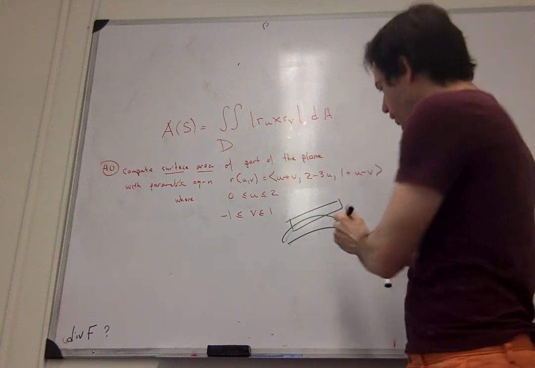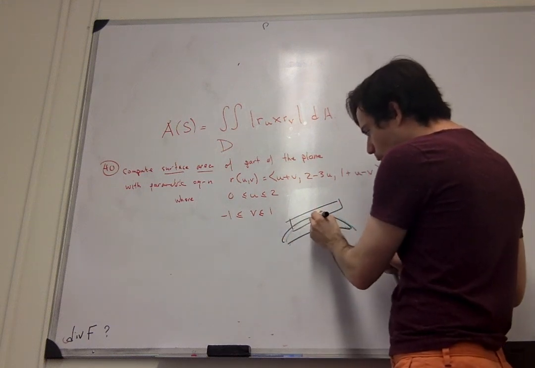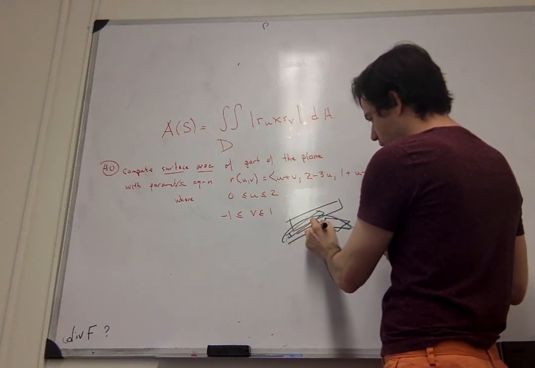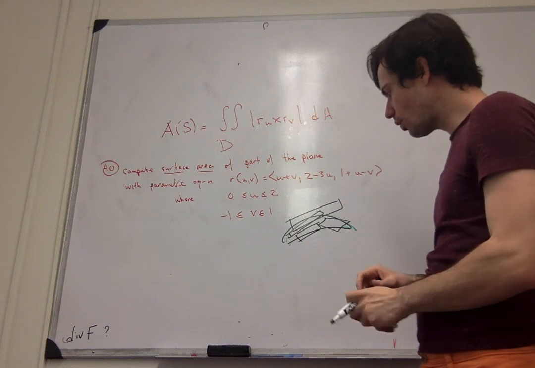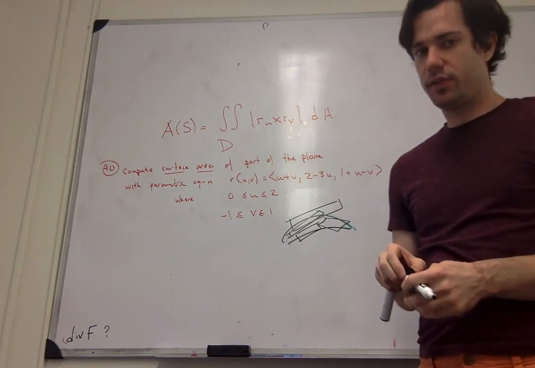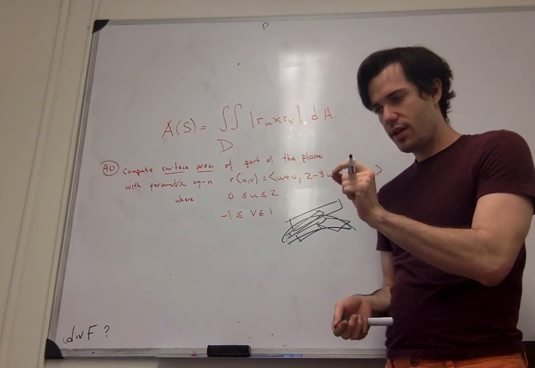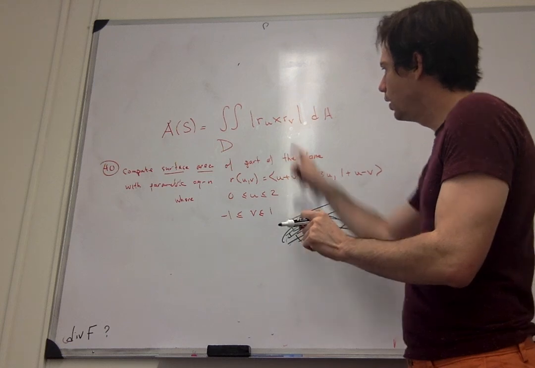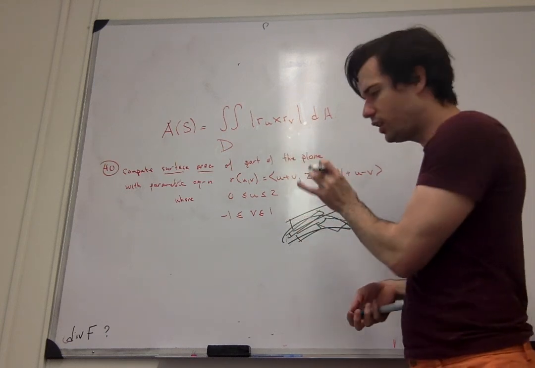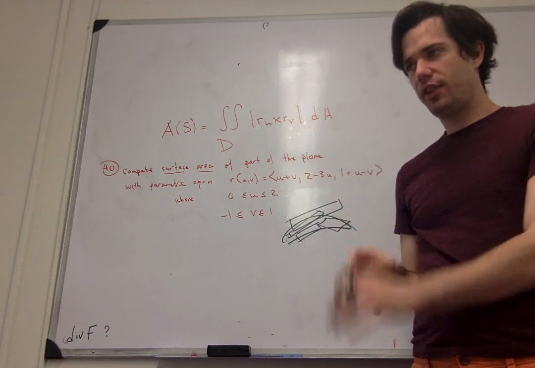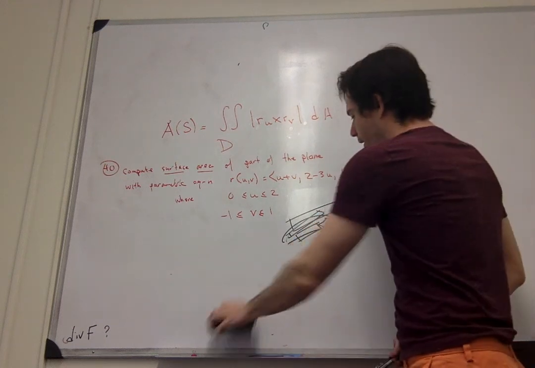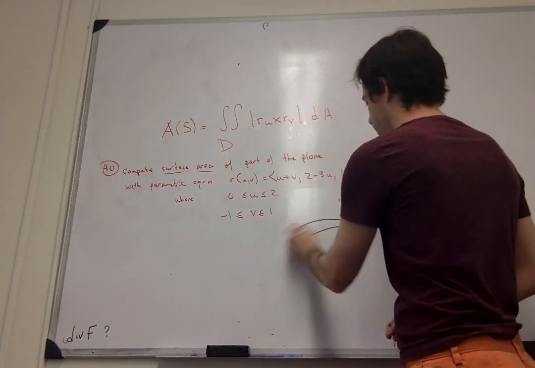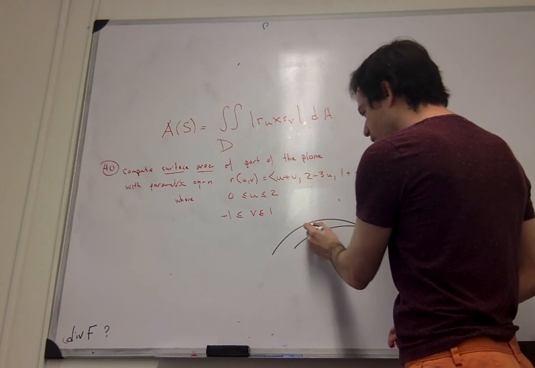So you're going to get a whole bunch of tangent planes, and what they're going to correspond to is some local region of the surface. But we're going to make these planes really small.